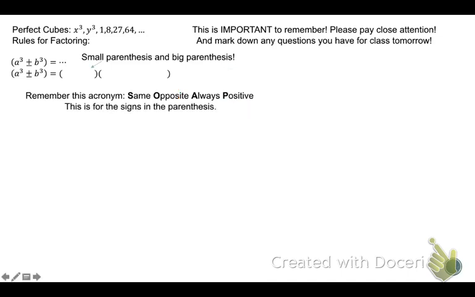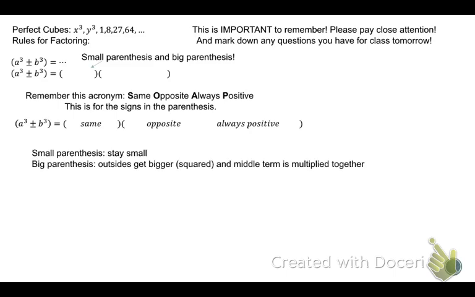so this is the signs for the parentheses. It's going to be the same sign in the first parenthesis. Then the bigger parenthesis is going to have the opposite sign and the always positive sign. The one that's always smiling is in the second parenthesis. The positive as in plus, okay? And then the small parenthesis stays small.